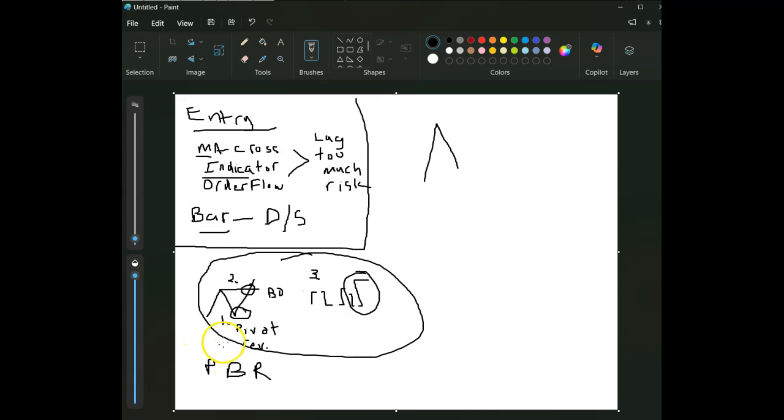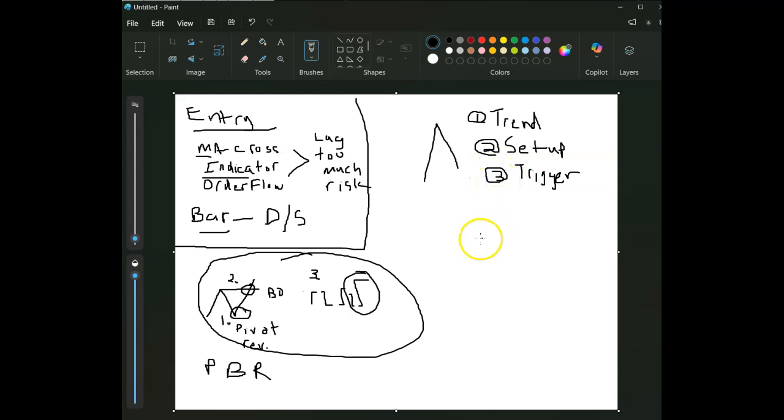And before I go any further, the other thing to note is that you need to get the trend right already, then the setup within the trend, and then the trigger within the setup. So this should be understood. Trend, the setup in the trend, and then the trigger within the setup.